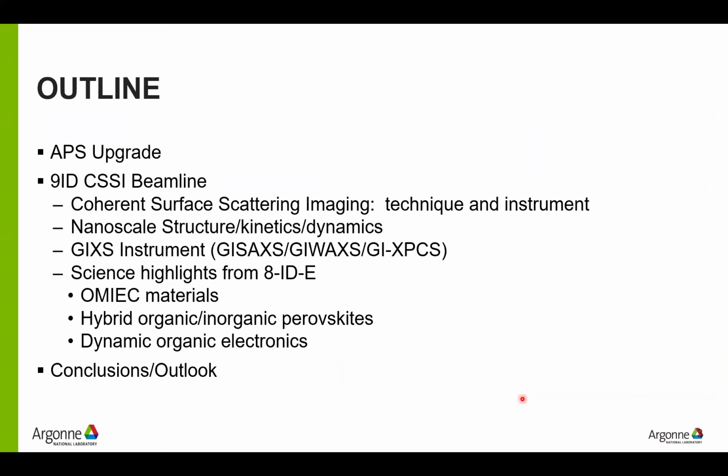Okay, and then to just briefly describe, I'll talk a little bit about the APS upgrade and then tell you about our CSSI beamline. The beamline is named for the new technique that we'll be hosting, Coherent Surface Scattering Imaging.